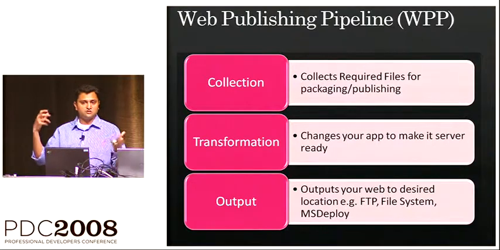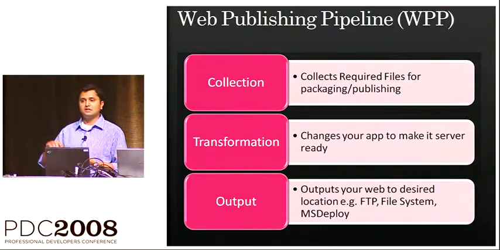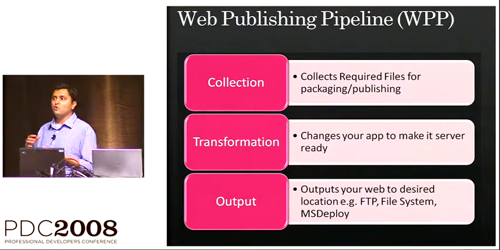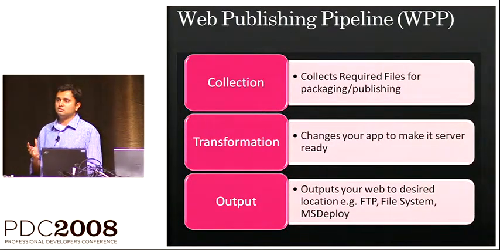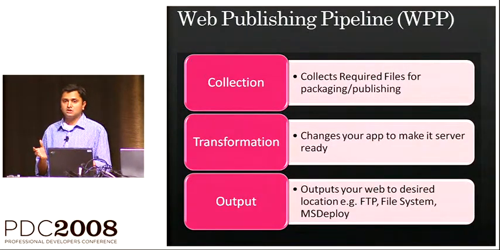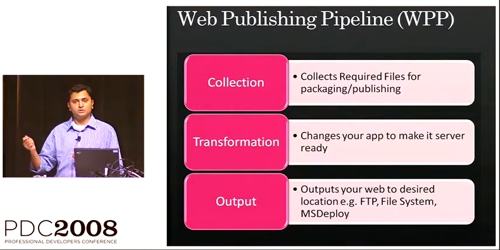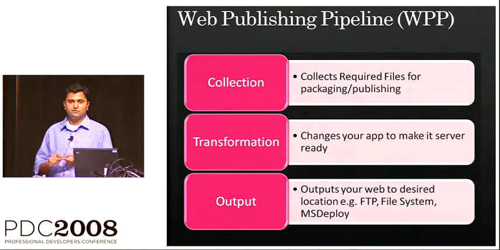Now, if you want to collect a bunch of things, you can plug it in, and you can collect things from UNC drives, whatever else you want to do. So that's the collection phase. Transformation goes down to the point as to when you have your application on your dev box, right? At that time, it looks much different than what it is supposed to look like on the production box. You need to change your web config files.